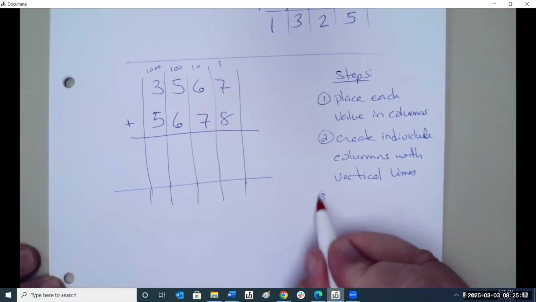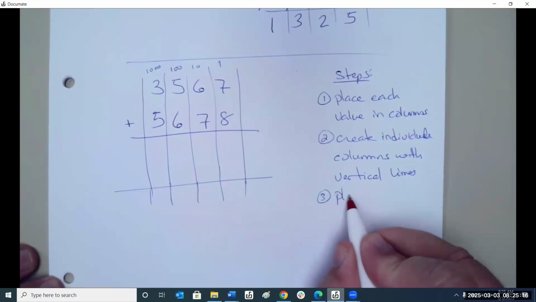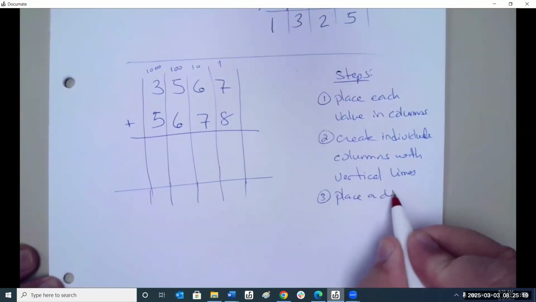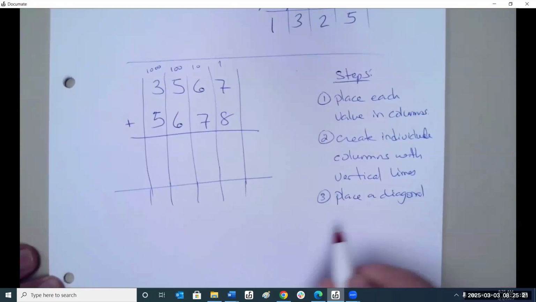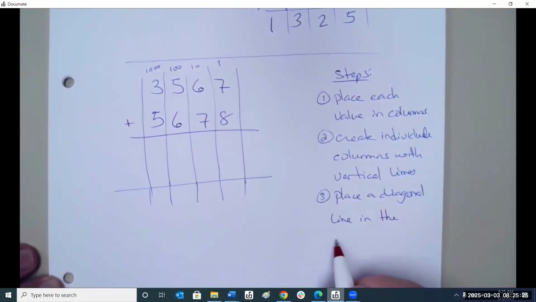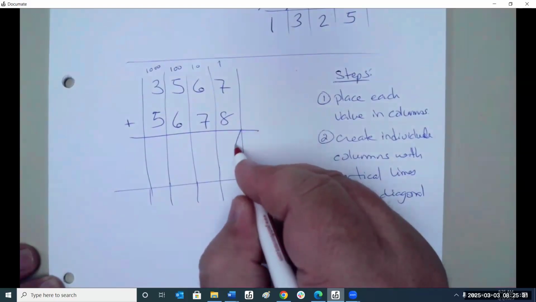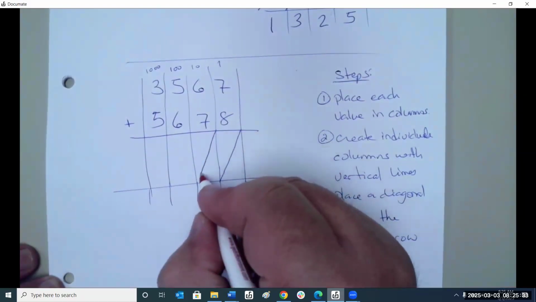What's my third step? Place a diagonal line in the solutions row. So from top left to bottom right, top left to bottom right.